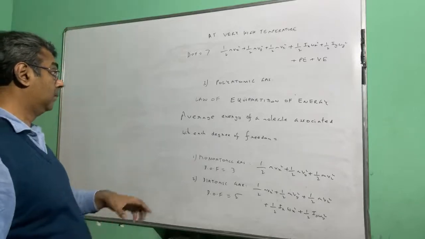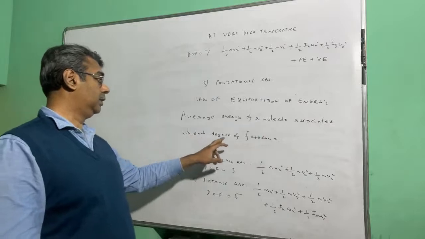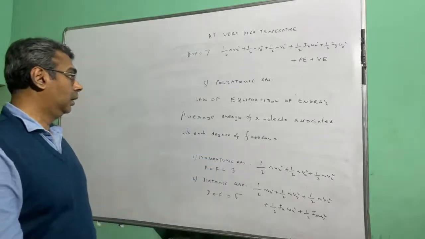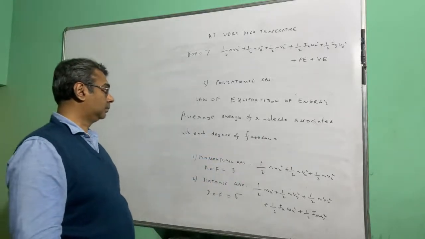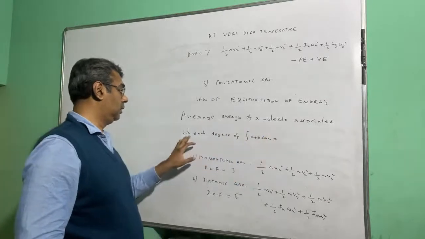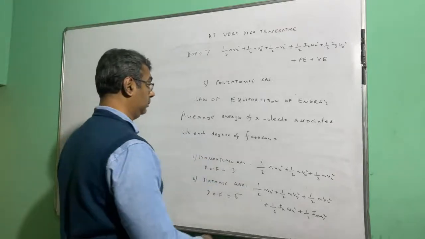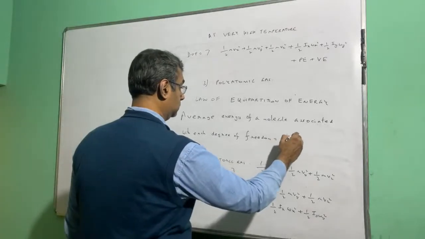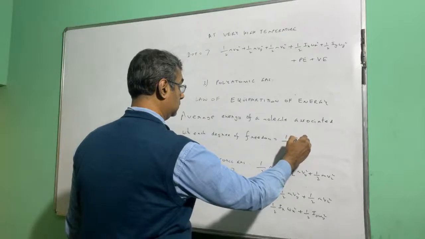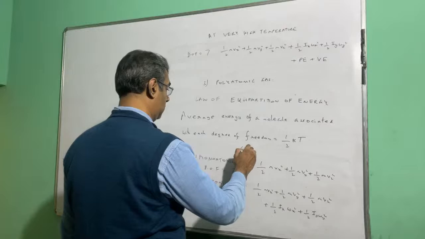So, average energy of a molecule associated with each degree of freedom is equal to half kT.